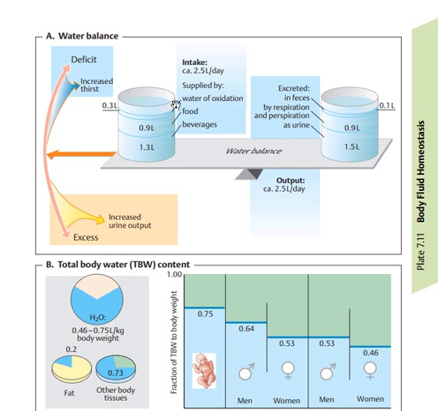Before all this, you need to know that 2.5 liters of water are absorbed a day and 2.5 liters of water are outputted a day. That maintains a constant amount of water and makes sure that this system is in equilibrium.